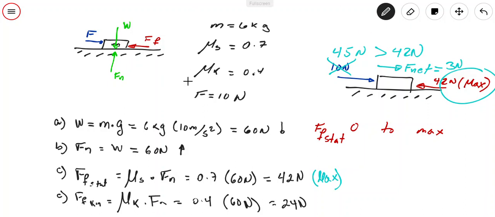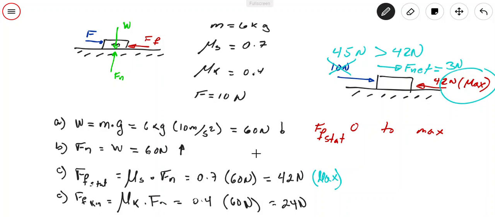So once the block is moving, it's enough with a force of 24 newtons or greater than 24 newtons to keep it moving. So you can now decrease the magnitude of the force that you apply, and the block is going to keep moving anyway, while this force is still greater than 24 newtons.